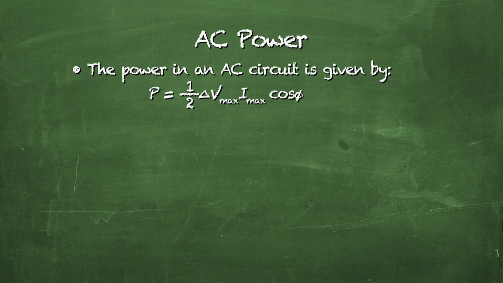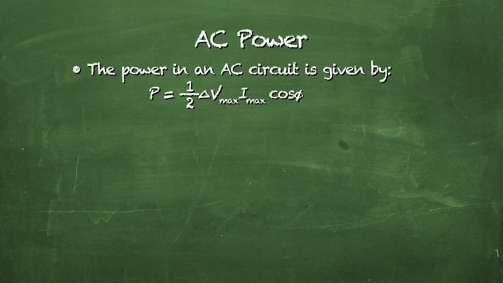Most of the time, the voltage and the current in the circuit have lesser values than their maximum values. So that's where the 1/2 comes in. It kind of gives us the average. So power is 1/2 delta V max times I max.